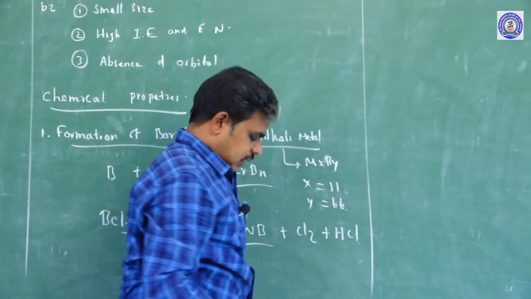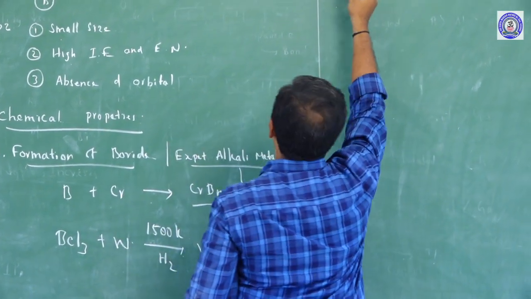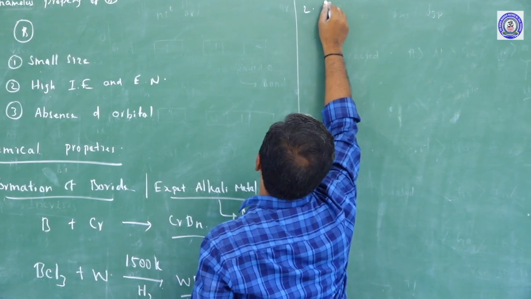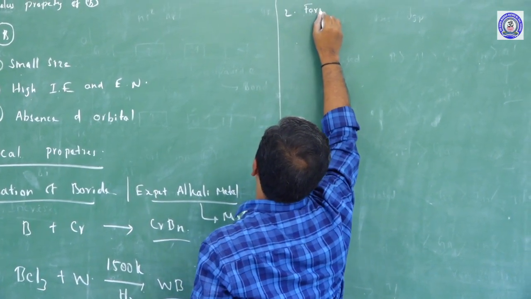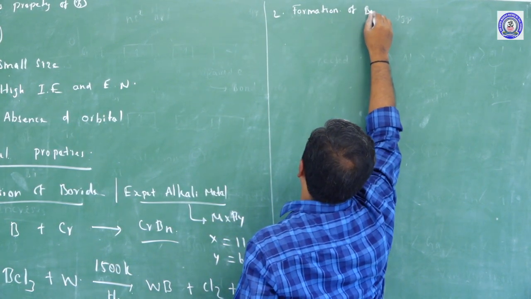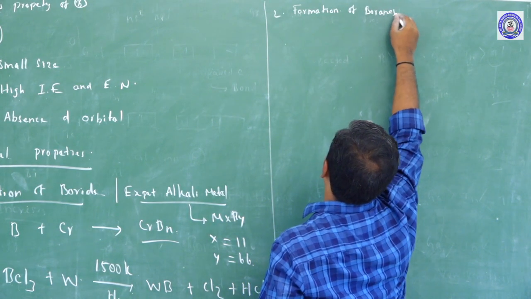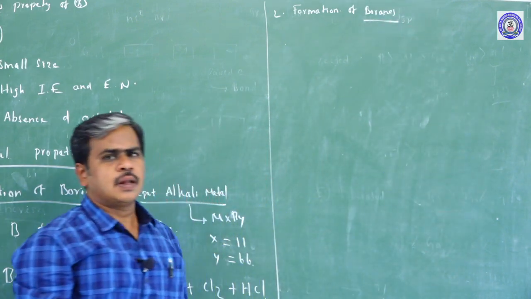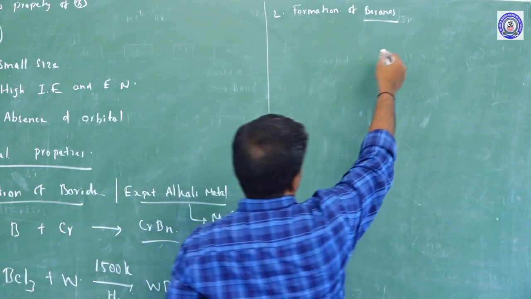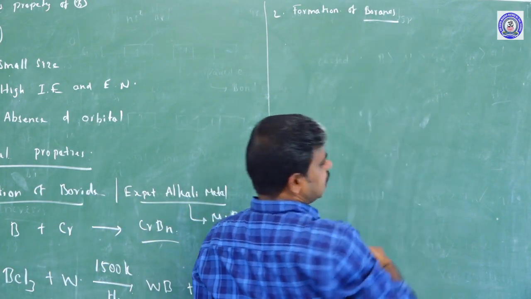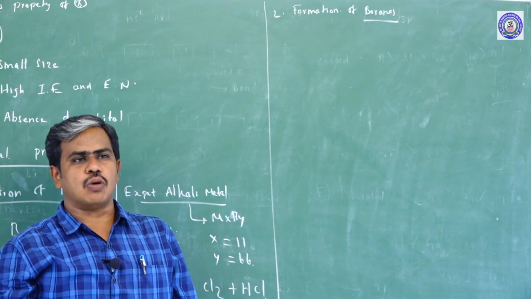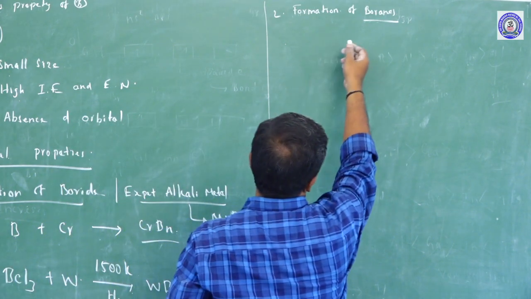Then the next one is the formation of boranes. What is a borane? Boron hydrides are called boranes. Here boron is reacted with hydrogen and forms boron hydride, which is known as borane. It is not a direct reaction.